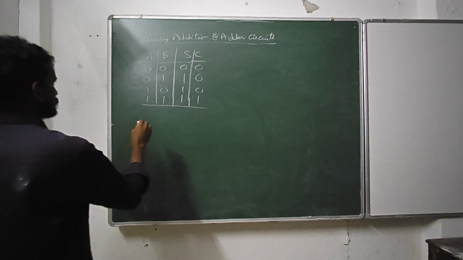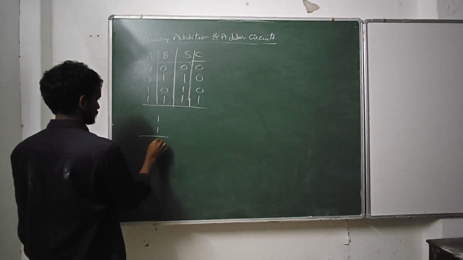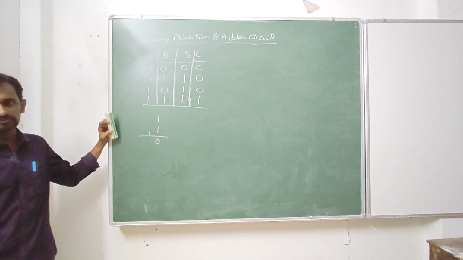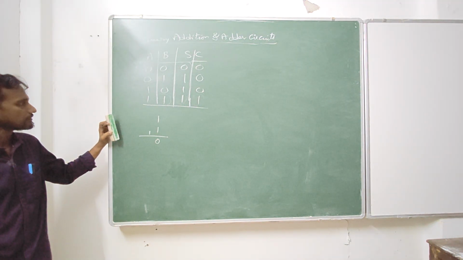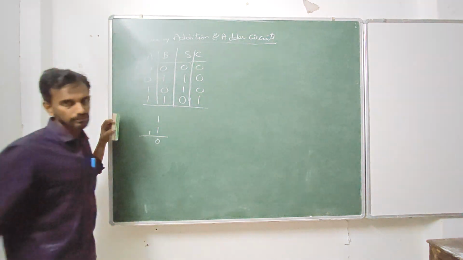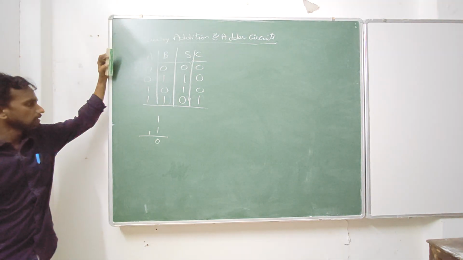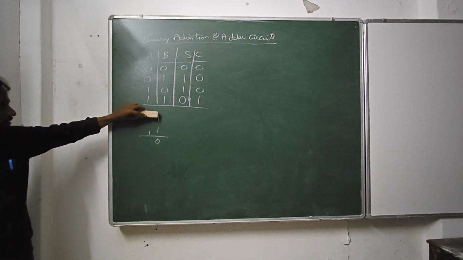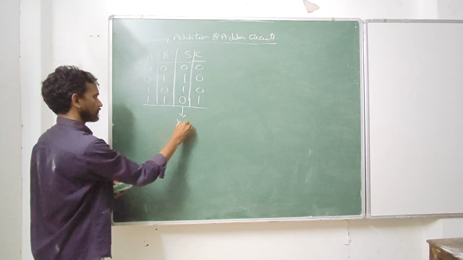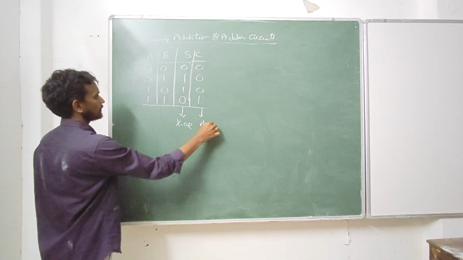The issue is, when you are adding two numbers, the result is 1 0. Both are equal, sum is 0 and carry is 1. So ultimately, this is an XOR operation and this is an AND operation.